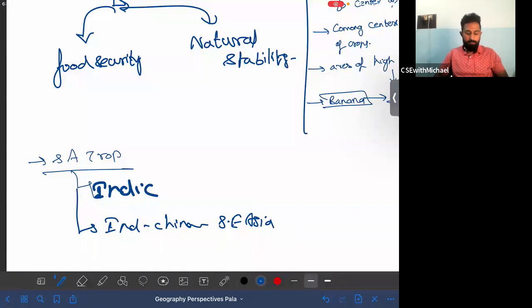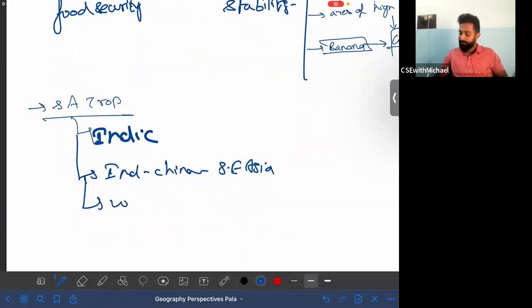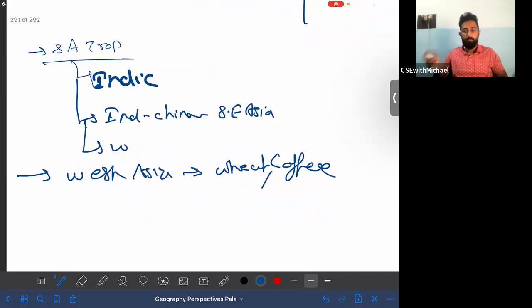Mediterranean is a different one, anyhow. So the West Asia is famous for the origin of wheat. Wheat has originated in the West Asian part. Coffee has originated in, so Arabica. We have varieties of coffee, right? So that originated in Southwest Asia.